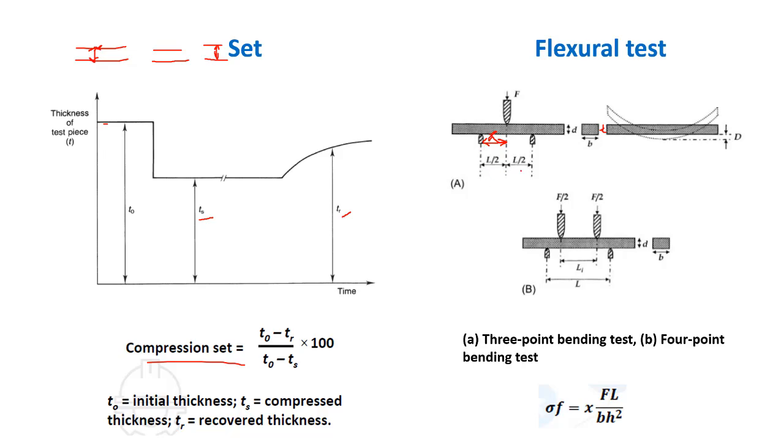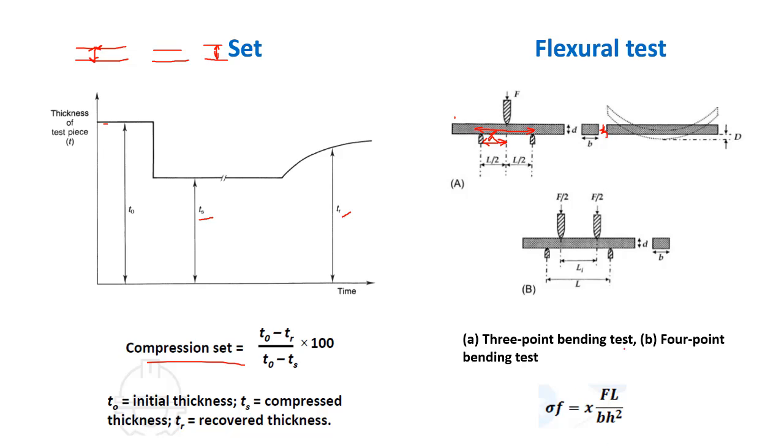We are not taking the whole length, but only the length from here to here, because these are our points of concern. This is the point of contact, and at the middle the force is applied. Then B and H are the width and thickness of the specimen.